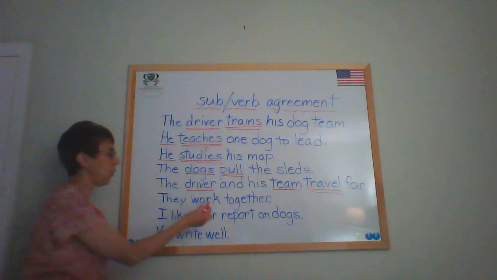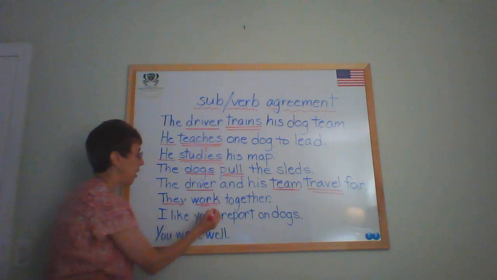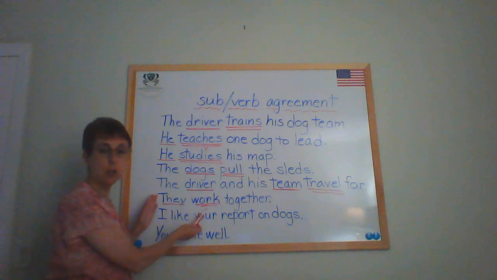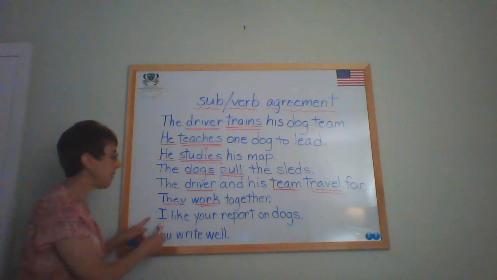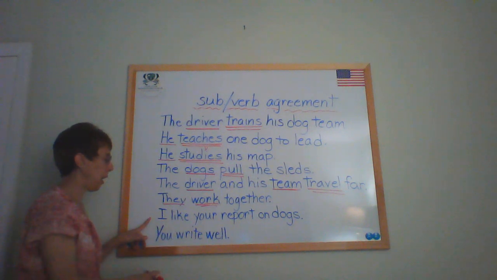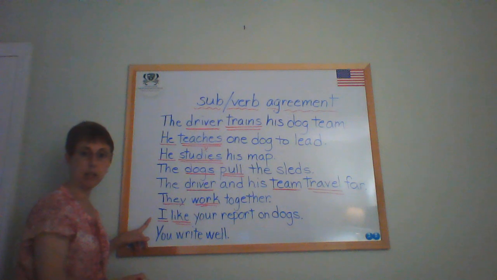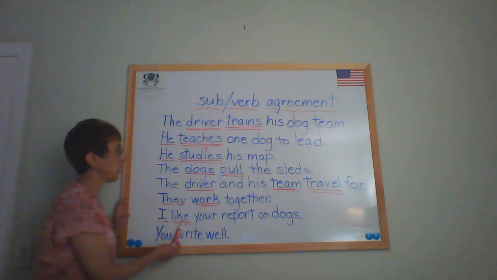Okay. They work together. They do what? They work. Work is plural, and so our verb must also be plural. They work. We don't say they works. And then I like your report on dogs. I what? I like. Singular. And singular here.